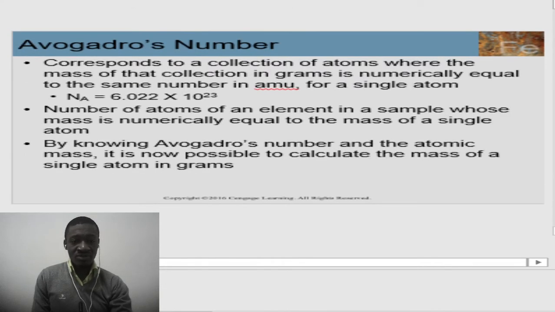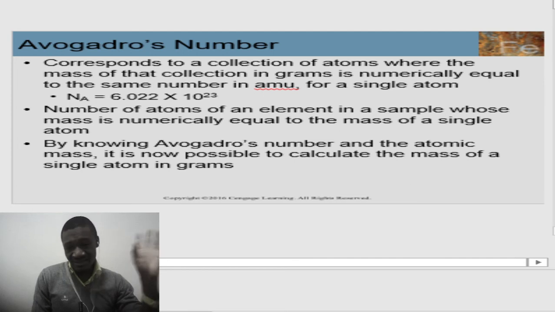I will just refresh our memories on what we did previously when we talked about Avogadro's number in our last lecture. We said it corresponds to the atoms where the mass of that collection in grams is numerically equal to the same number in atomic mass units for a single atom.